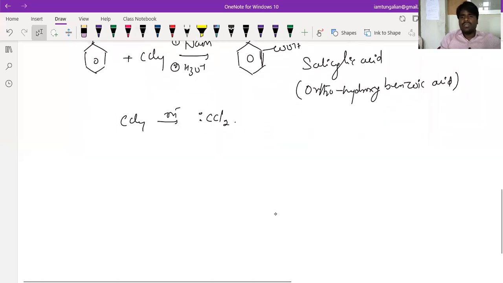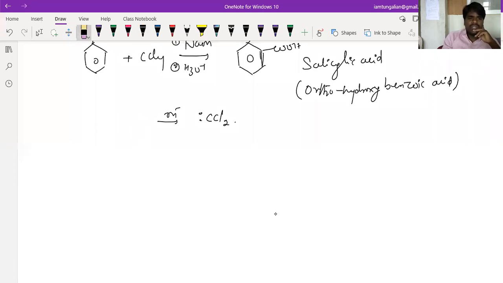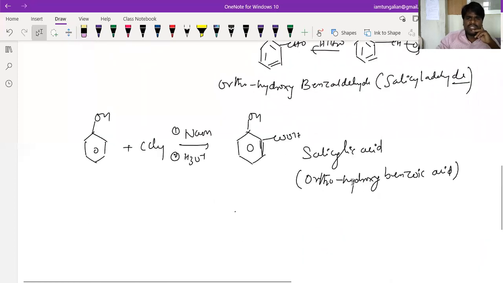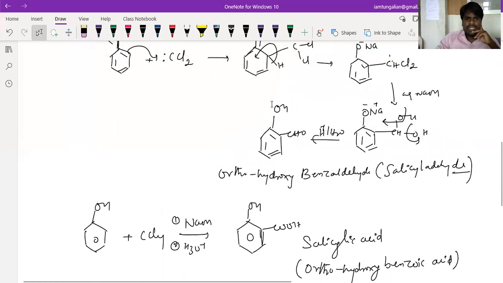That will make the attack. Both mechanisms will be similar. The only difference is that it will form carboxylic acid, since it starts from carbon tetrachloride. Because of that reason, I'm not giving the mechanism for this. The mechanism will remain the same, and it is not that important actually. So remember that both reactions involve a dichlorocarbene intermediate.